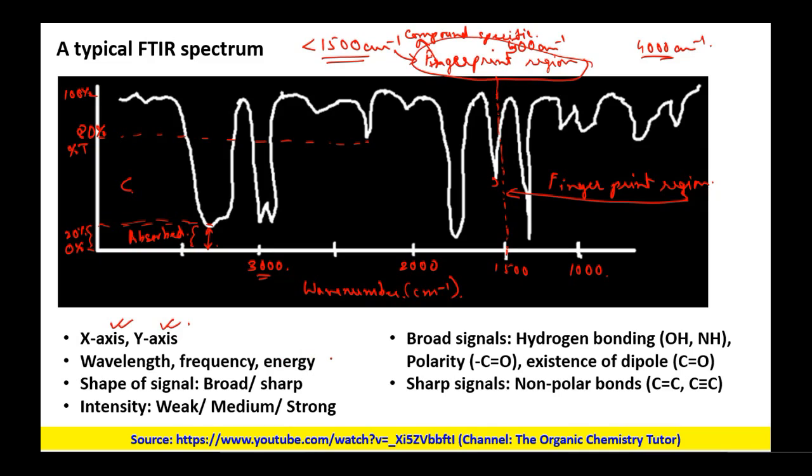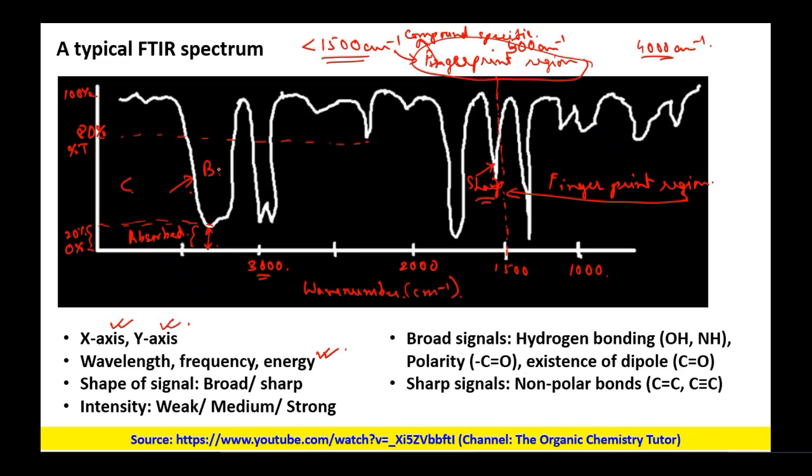We have already discussed the wavelength, frequency and energy relationship. Then comes the shape of the signal. If you look at this one, it is a broad signal, whereas this signal component is a sharp signal.